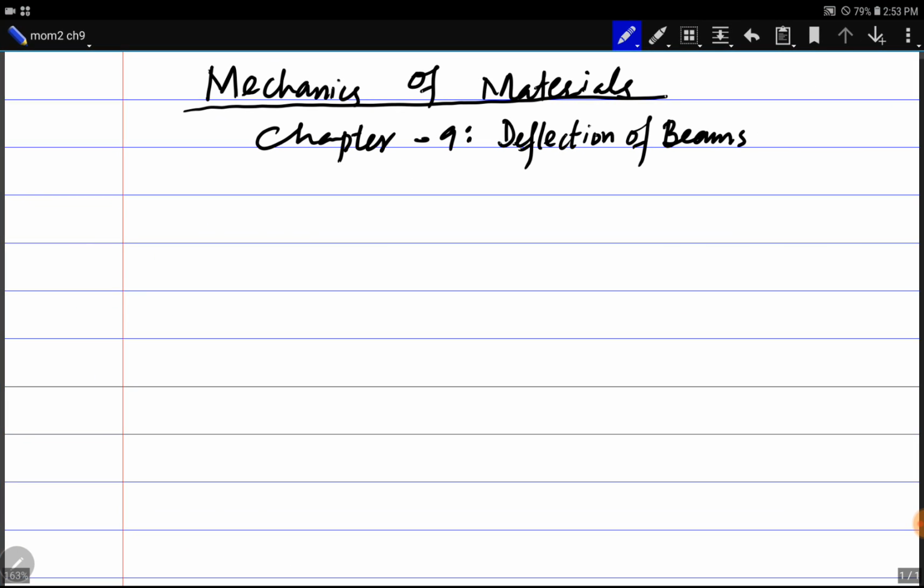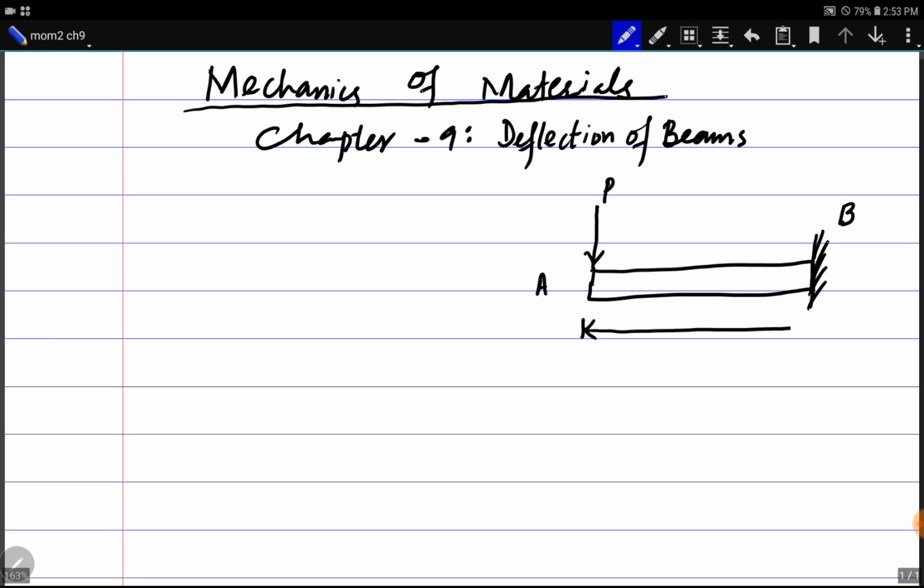Okay, what we have is a cantilever beam fixed at the right side, point B, and a load P is applied at point A. Total length of the beam is L.